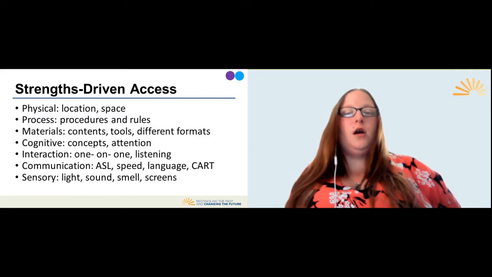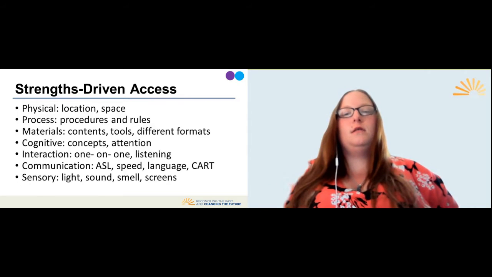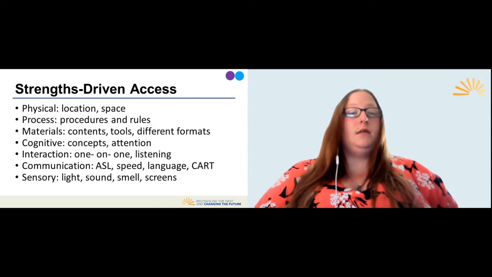When we are strength-based, it is easier to accommodate what access needs are. So what needs to be better and ensure access? Basically, for an example, I'm in a wheelchair, and so physical location and transportation is a barrier for me.